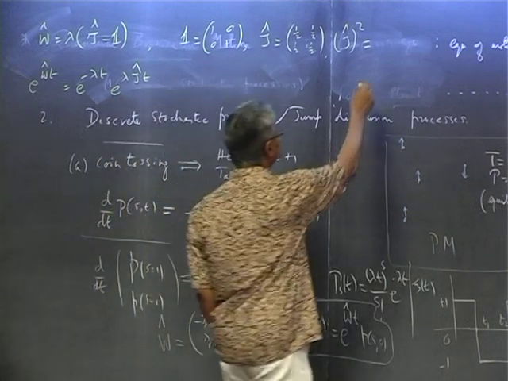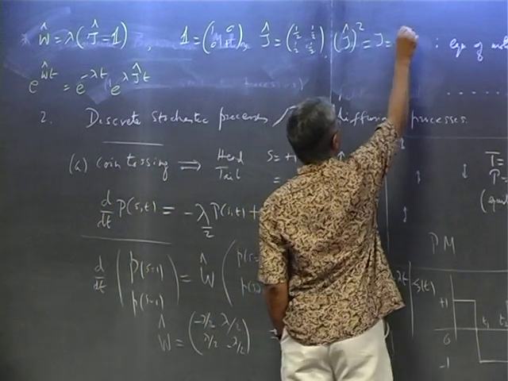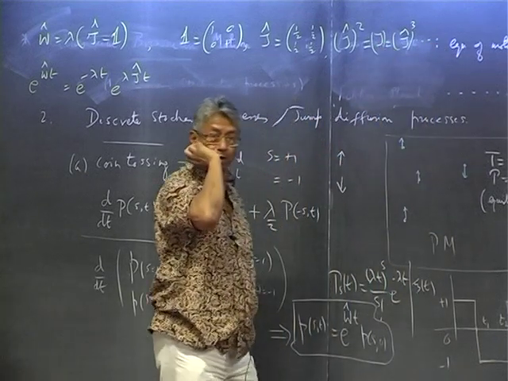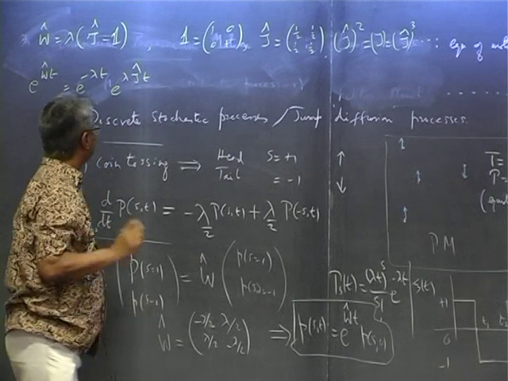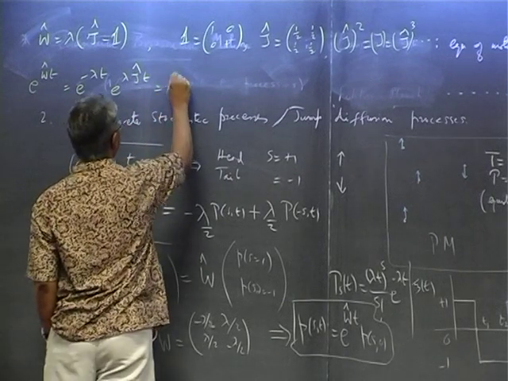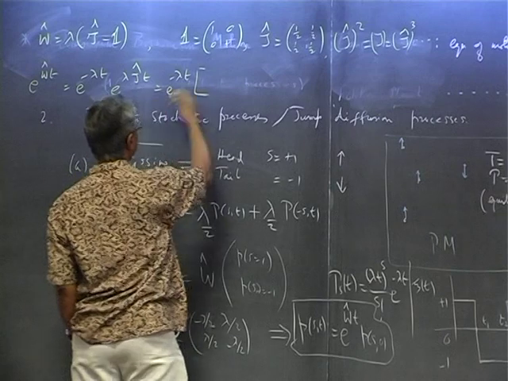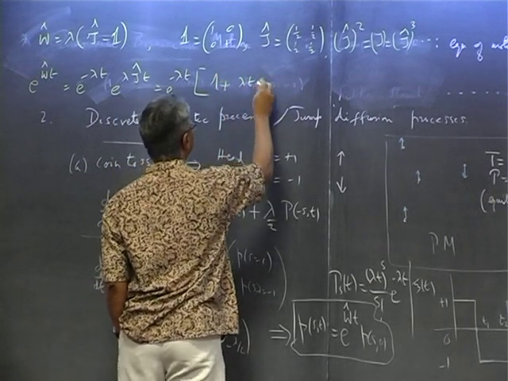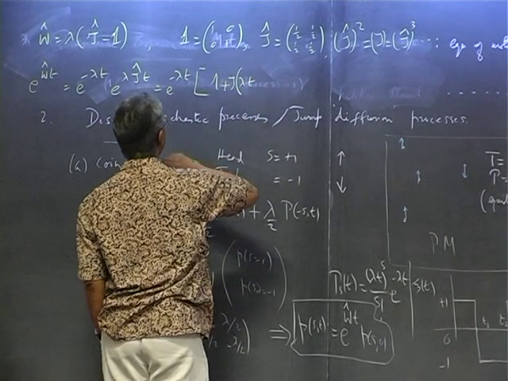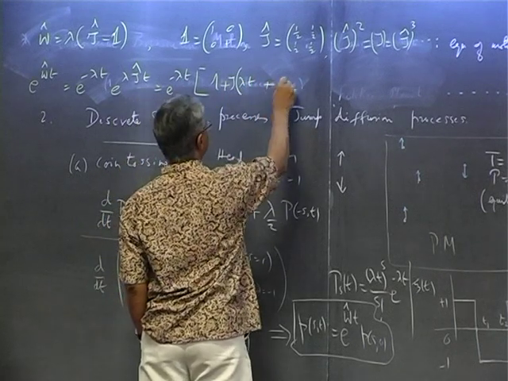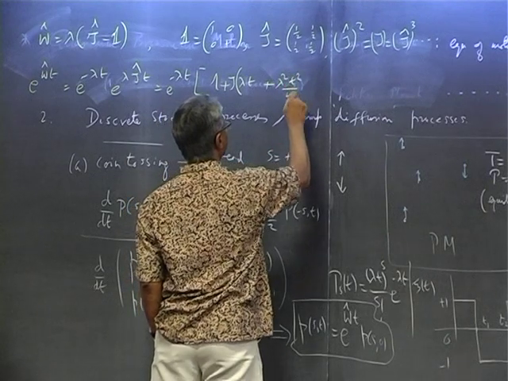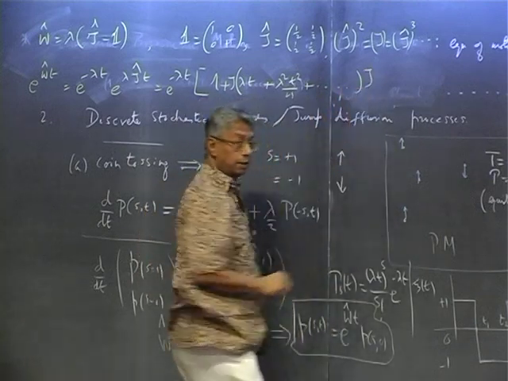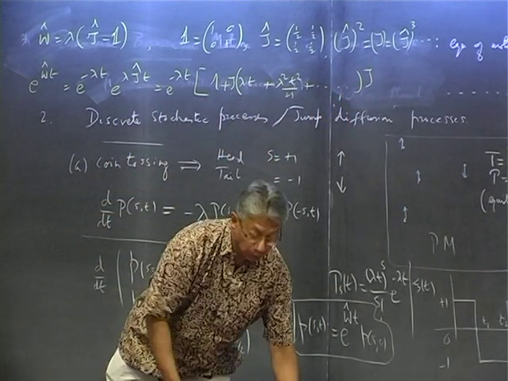So it's T itself, which means that this is also T cubed, all integer powers of T, right? So I can make an expansion of this operator as 1 plus T times lambda t plus lambda square t square over factorial 2 plus dot dot dot. All the T's have collapsed into a single T, right?